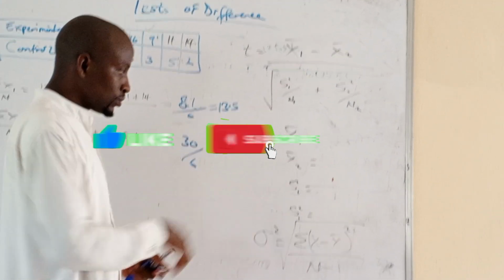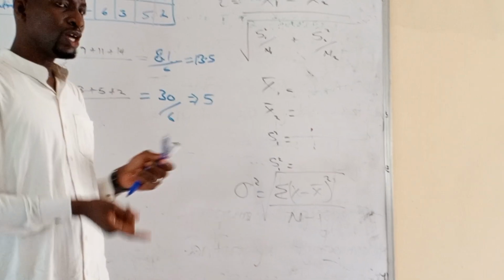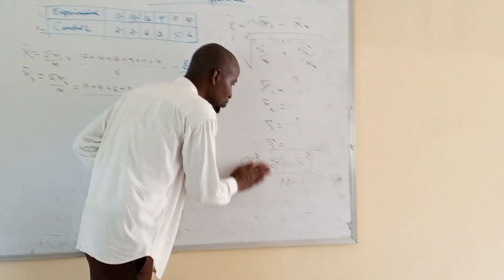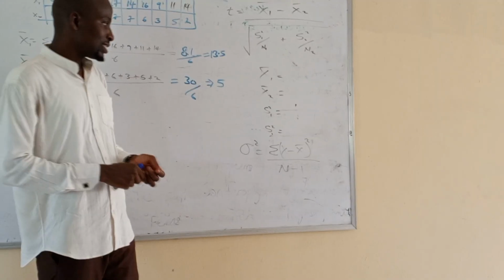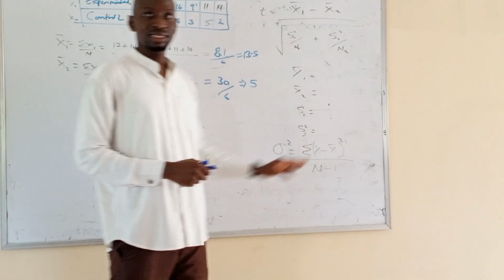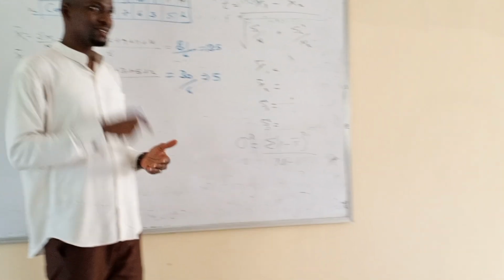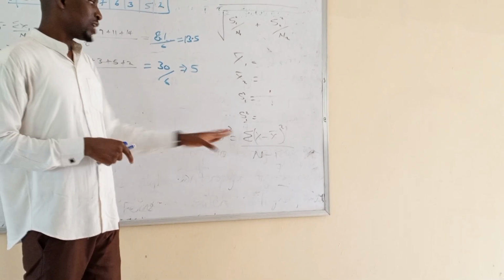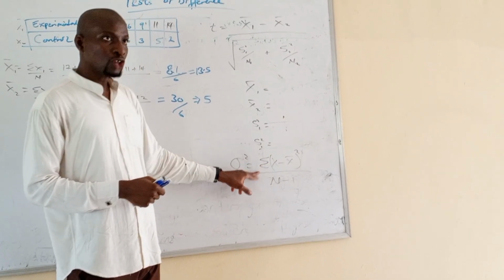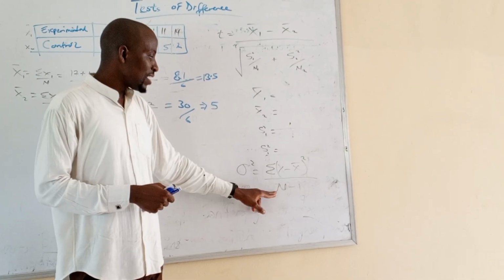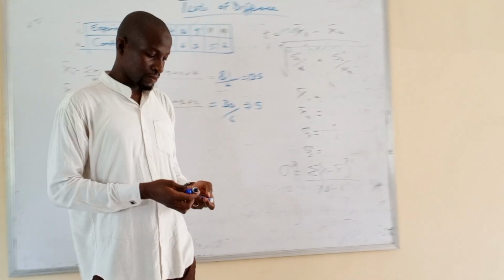When you do not take the square root, it is variance. But when there is a square root in the formula, it becomes standard deviation. But we are not concerned about variance here. So the sum of the squared deviations from the mean divided by n minus 1, then the square root, will give us our what? Standard deviation.